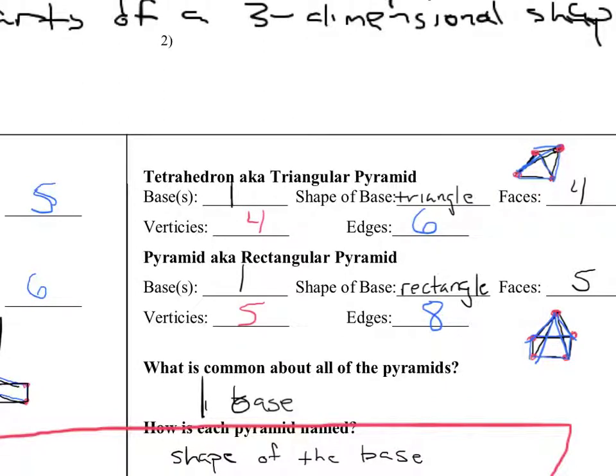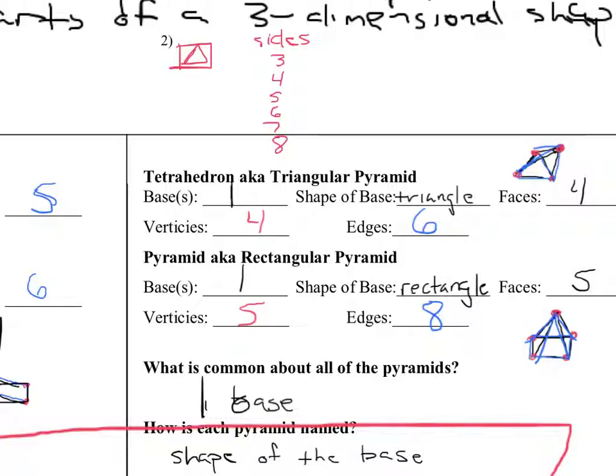So we're going to make sure that we know how to name those particular shapes. So we're going to make a list here based on the number of sides that a shape has. And we're just going to do the ones that I expect you to know, which is 3 through 7.